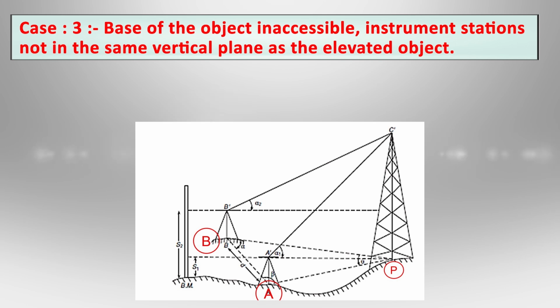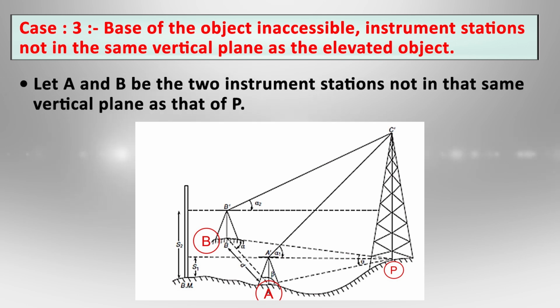So let us consider our case. A and B are the two instrument stations not in the same vertical plane as that of object P. So the logic will be the same. We'll form some right angle triangles, we'll measure some angles, and distance can be measured by using trigonometric equations.